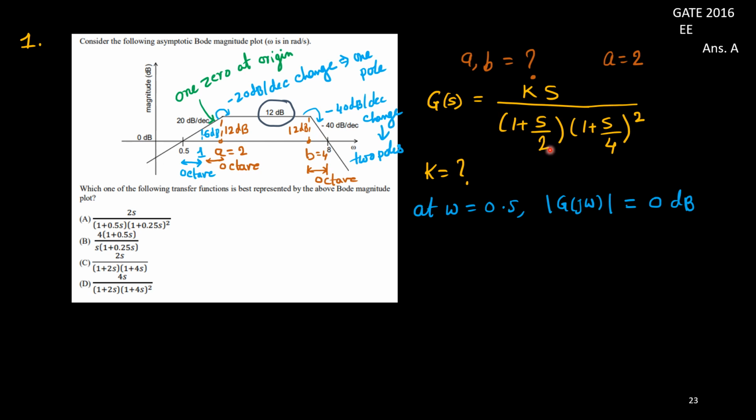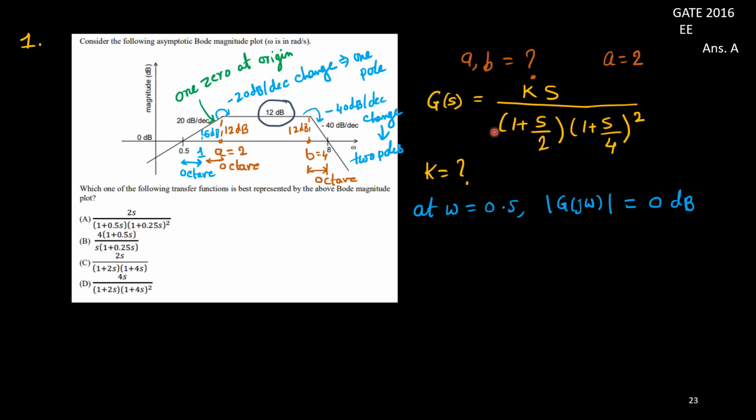But this pole will contribute from here onwards, from 2 onwards. So when omega is less than 2, it has 0 dB contribution. Similarly, this pole, when omega is less than 4, will have 0 dB contribution. So we can ignore these two.